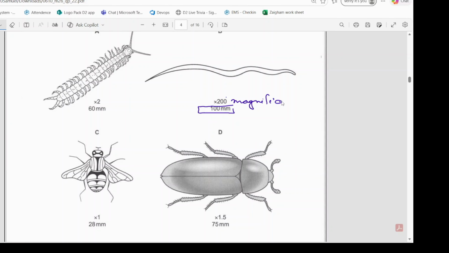How to calculate actual size? Then calculate it.